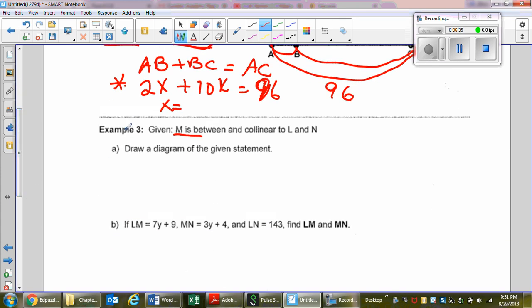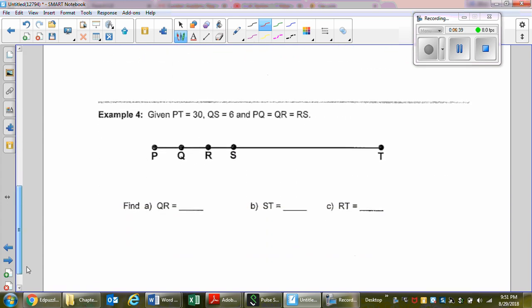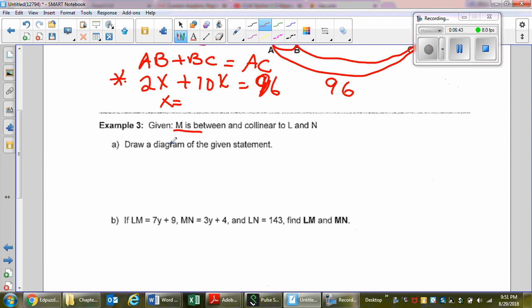All right, example 3, and it's kind of given in more detail. I'm not going to spend a lot of time on it. I'll have you work it out. But it says given M is between and collinear with L and N, because sometimes if it says in between, if it's not mentioned as collinear, it might look like a different picture.